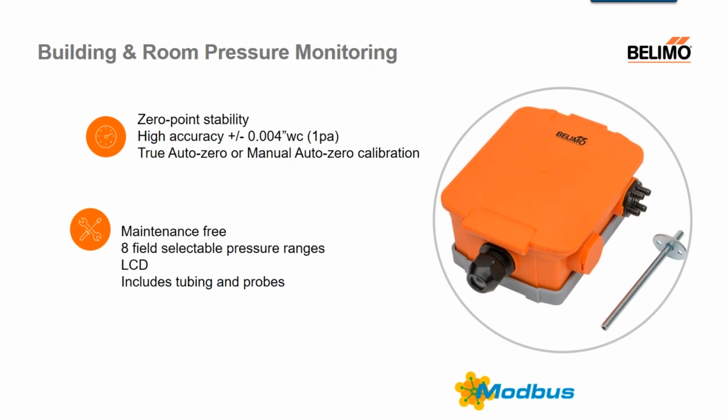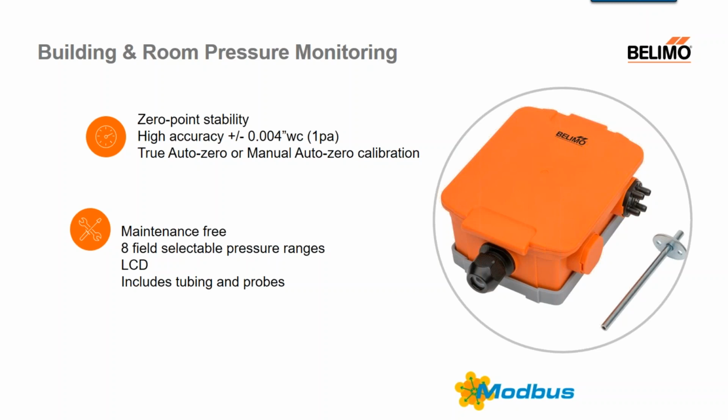All devices have 8 field selectable measuring ranges in one single unit and can be configured using dip switch settings to read inches water column or Pascal, depending on your region. There are optional LCD and Modbus communications, and as with all Belimo sensors, the accessories are all included, for example, plastic tubing and also the pressure probes in this instance.